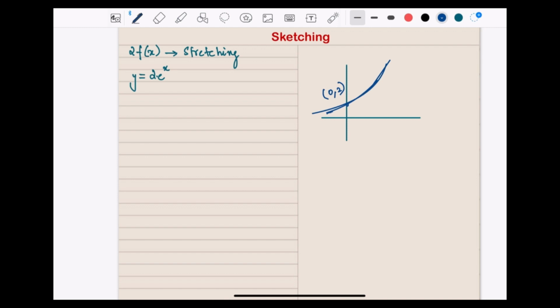The asymptote does not shift or multiply. The asymptote remains where it was initially because it's multiplying by 2, and since the y value of the asymptote was 0, times 2 makes it 0. So the asymptote remains where it was. The domain is x belongs to real numbers, but the range of this function is y greater than 0.